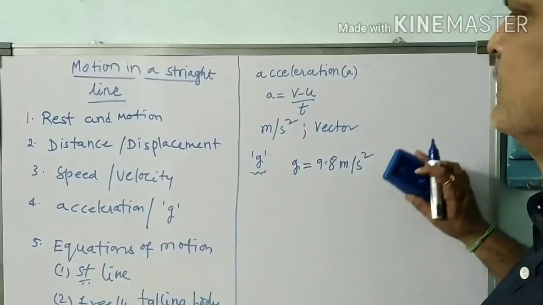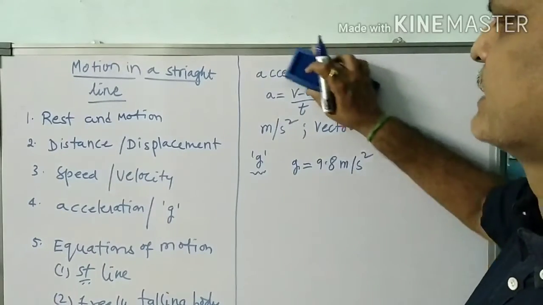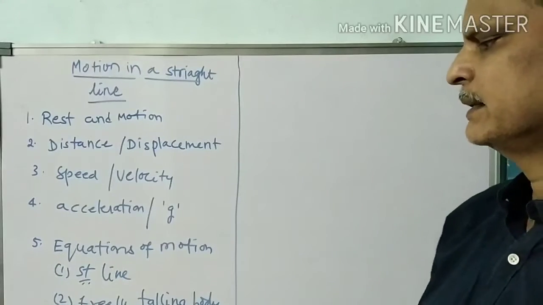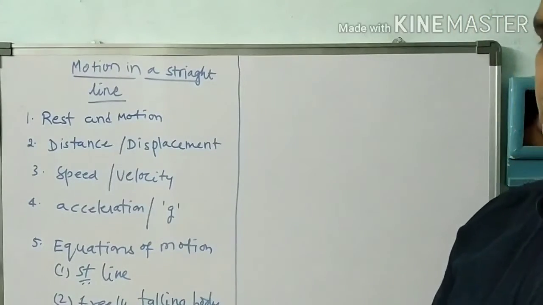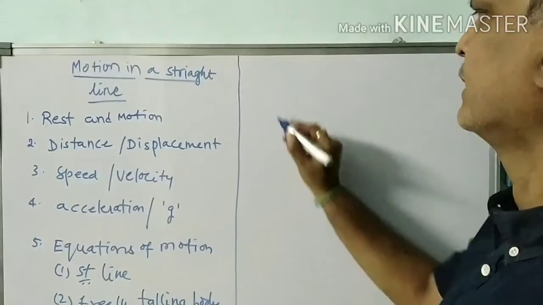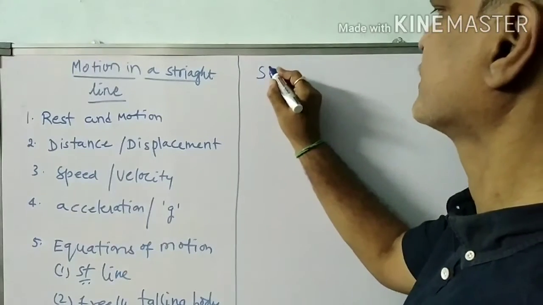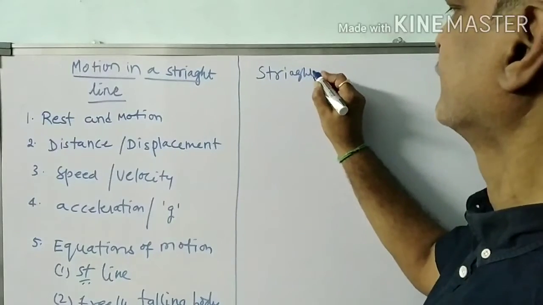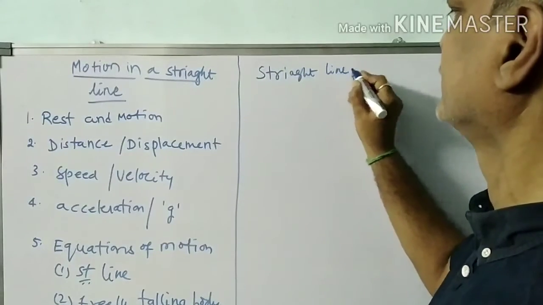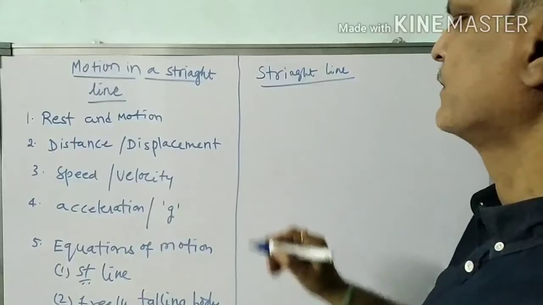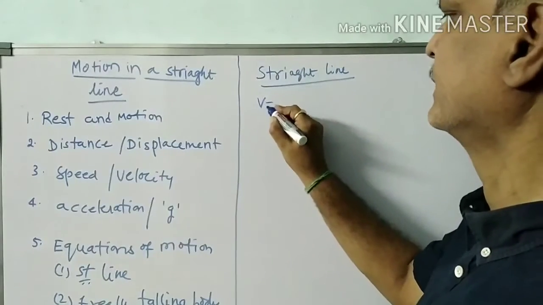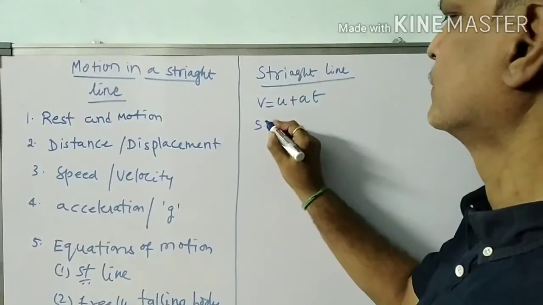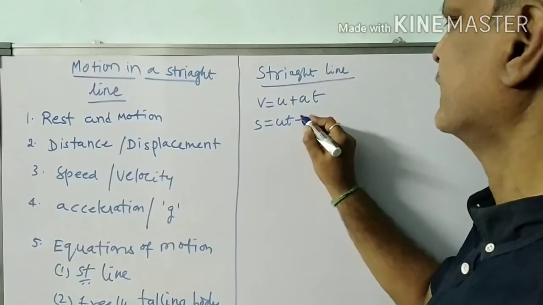So when we know these things, that is acceleration and acceleration due to gravity, now we have the equations of motion. First we are taking along a straight line, that is linear motion. So we have four equations. V is equal to U plus AT. S is equal to UT plus half AT square.